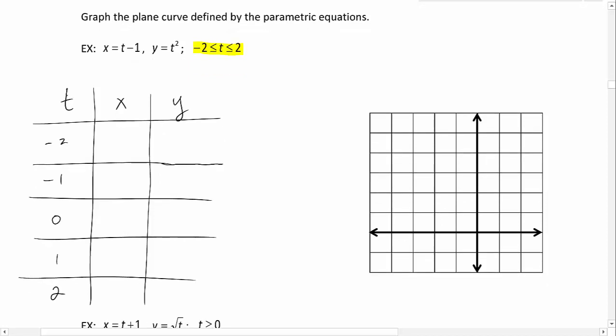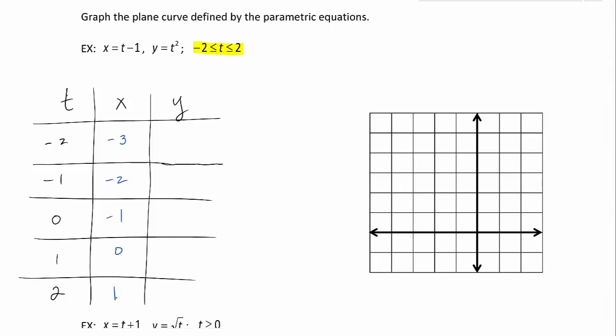We're now going to plug each t value into our equation x and into our equation y. I think I'm going to do all the x's first. So plugging in t into our x equation, x equals t minus 1. So plugging in negative 2, x is going to be negative 3. Plugging in negative 1, x will be negative 2, negative 1, 0, and 1 as we plug in the rest of our t values.